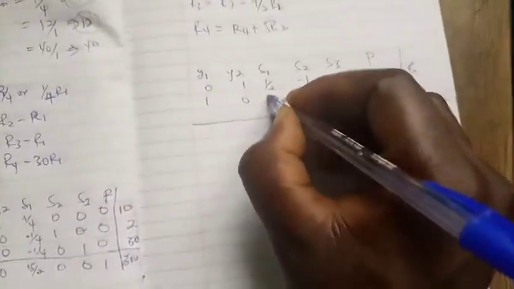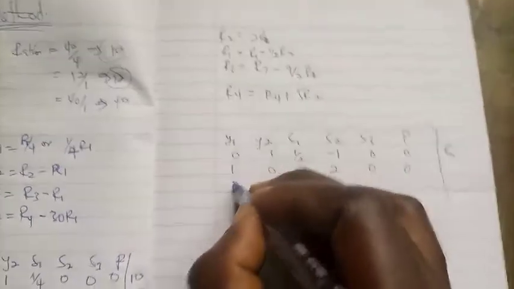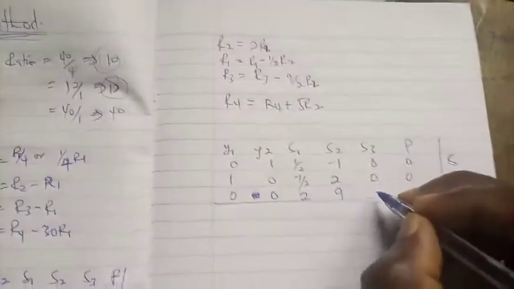Then I also have here 1, 0. Then I also have minus 1 over 2, 2, 0, 0. I have 0, 0, 0, 0, minus 2, 9 should be minus 0.